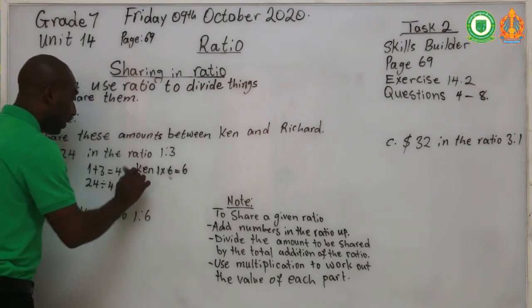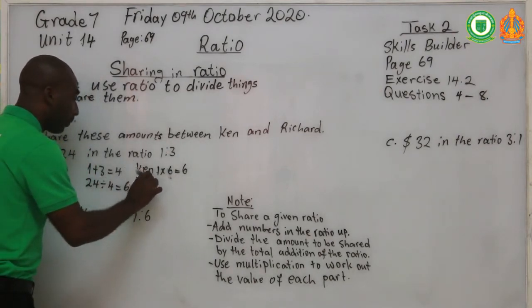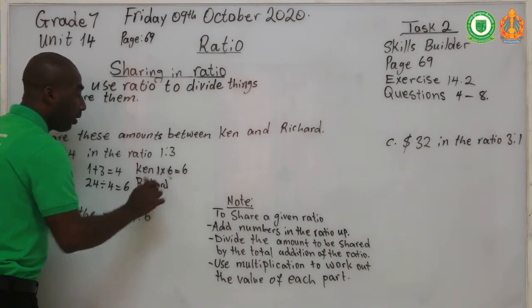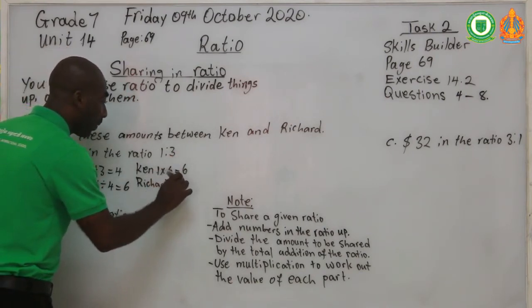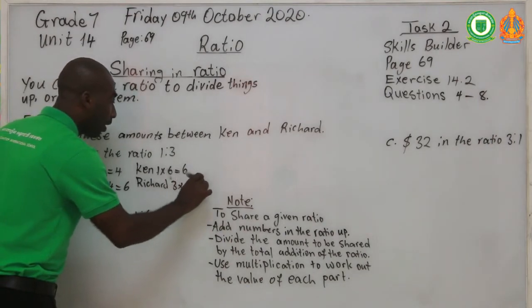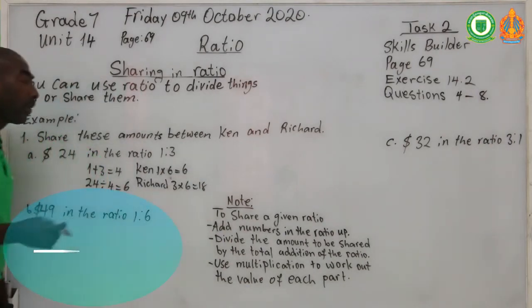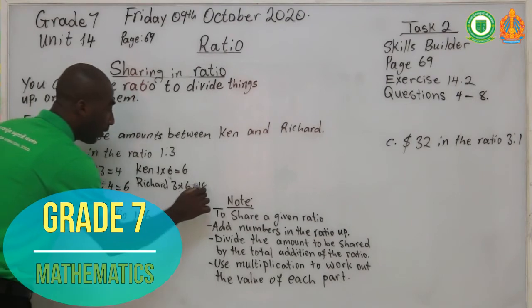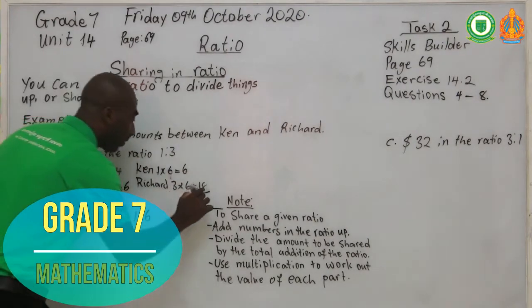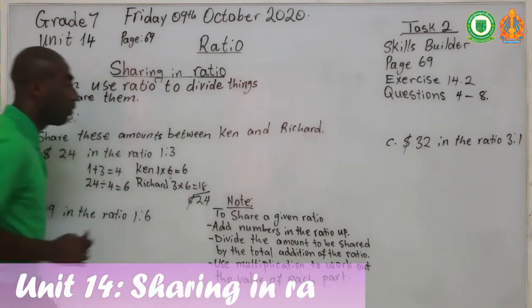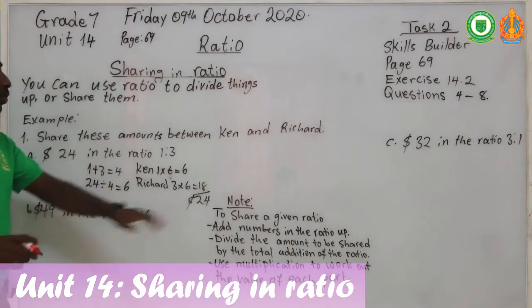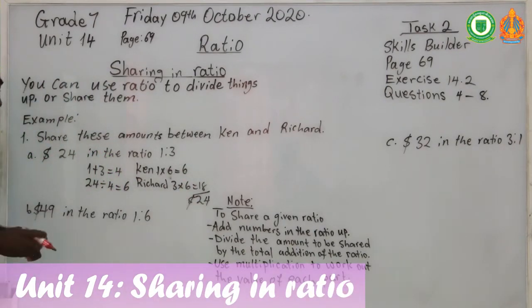And then Richard is having 3, so it's going to be 3 by 6, that will be $18. So when you add your 18 and that of 6, it should give you the total amount that they have to share, and that will be 24.